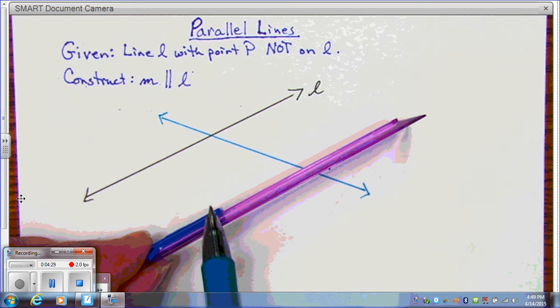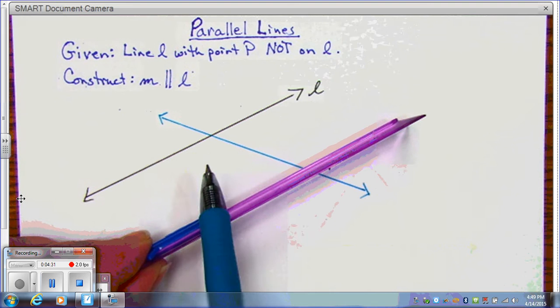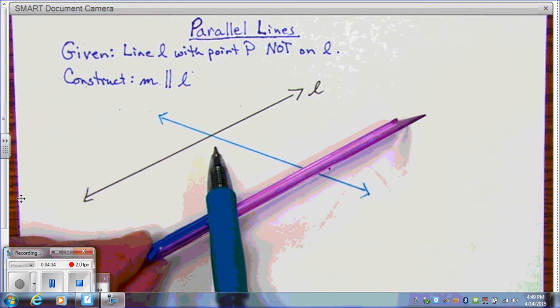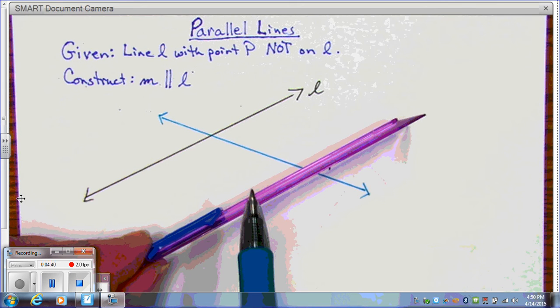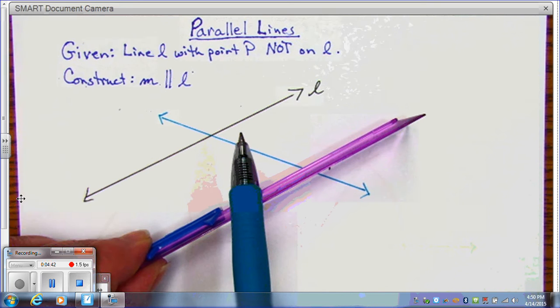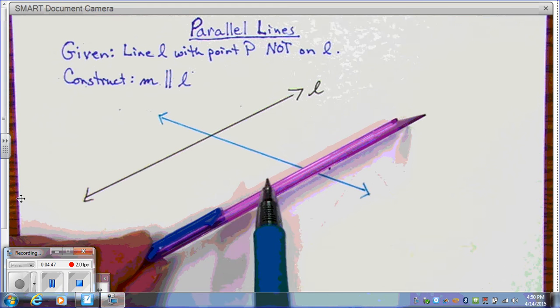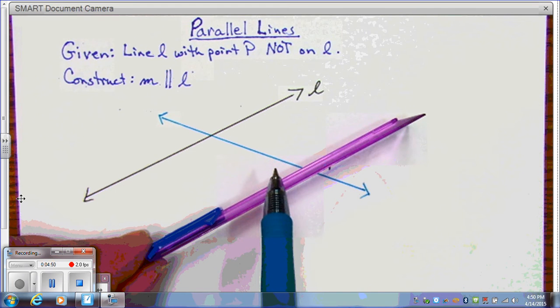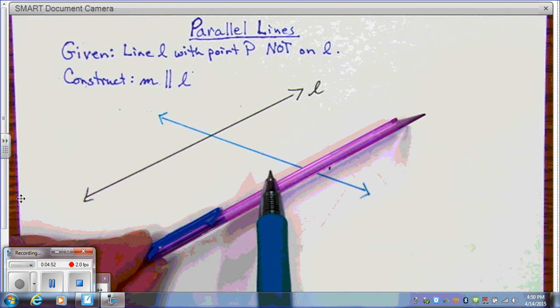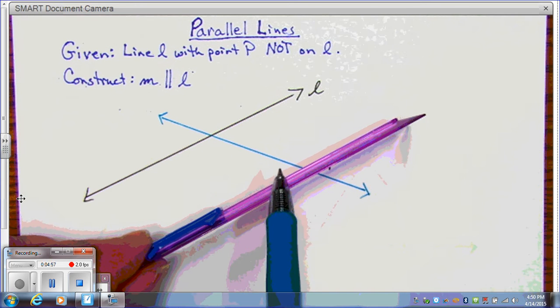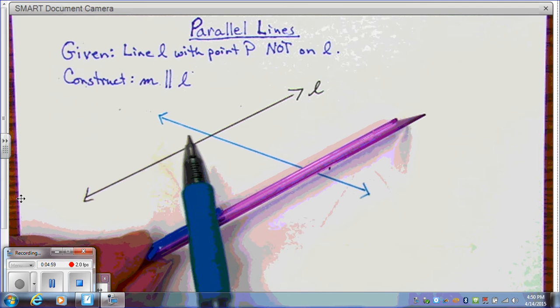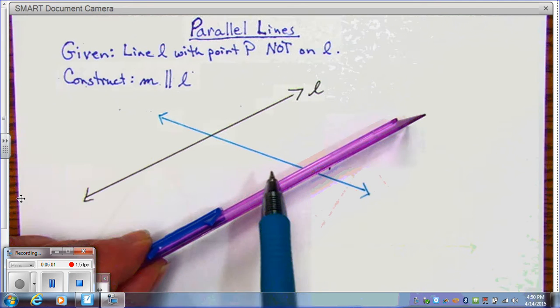Or if you like obtuse angles, then this corresponding one underneath would be congruent to the one underneath here. And then possibly you could actually use alternate interior angles, because this little acute angle right here would be alternate interior to this one. Okay? Personally, I think I'm going to use this acute angle with this acute angle. And you almost have to visualize, okay, where are they? Those are the 2 I'm after.